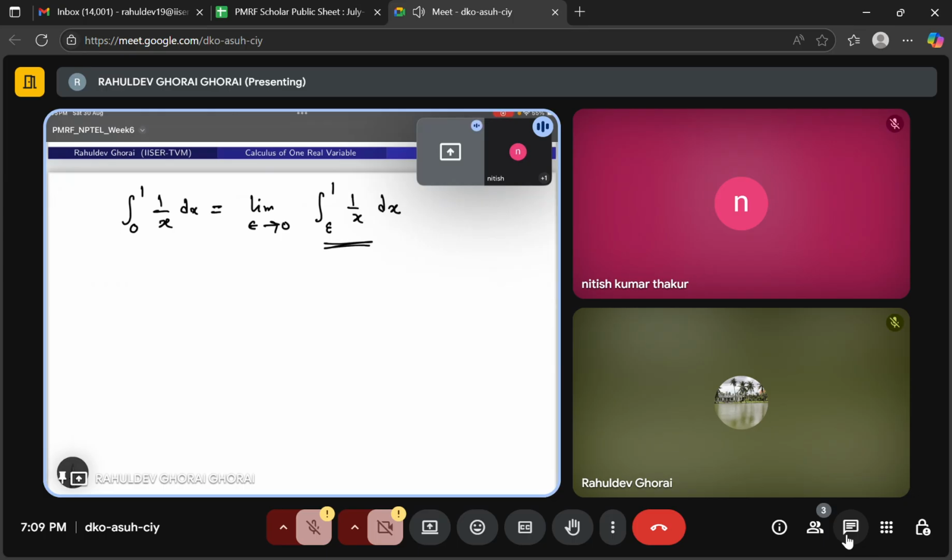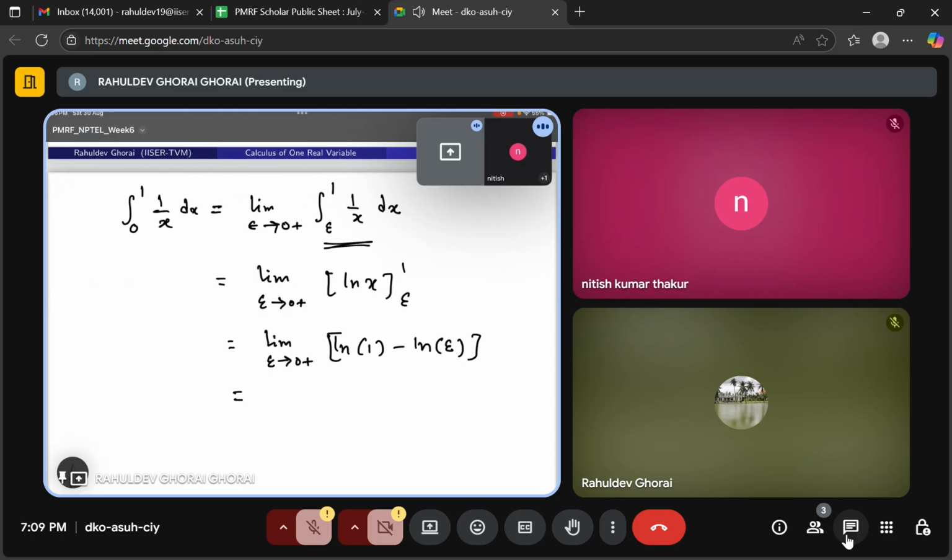Now you can compute this integral, because this integral is not improper for each epsilon which is strictly greater than 0. You can write limit as epsilon tends to 0 plus, then it will be ln of x from epsilon to 1, then it will be limit as epsilon tends to 0 plus of ln of 1 minus ln of epsilon.